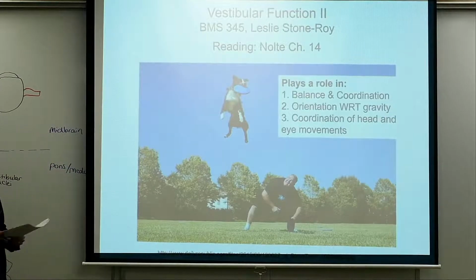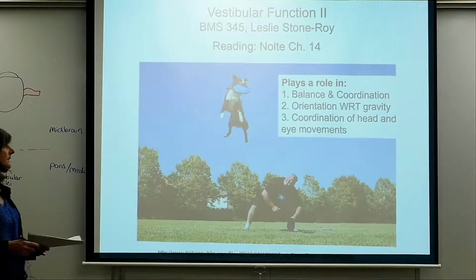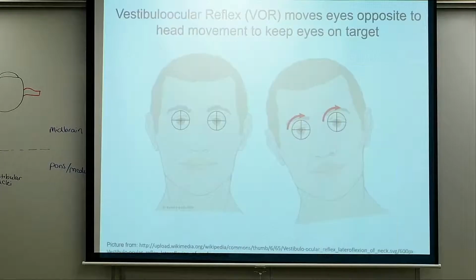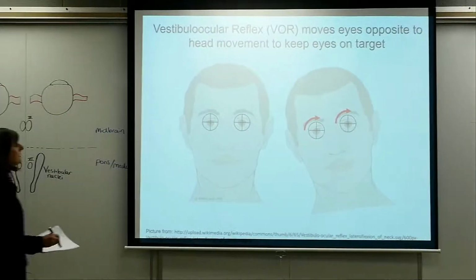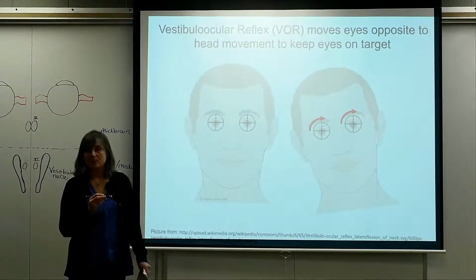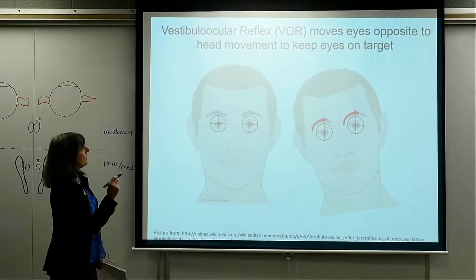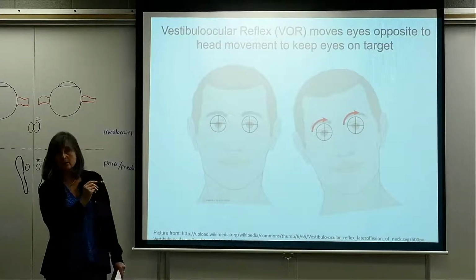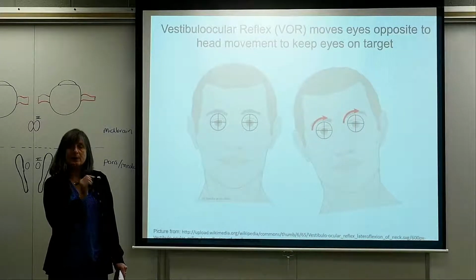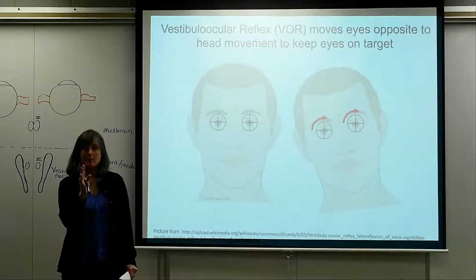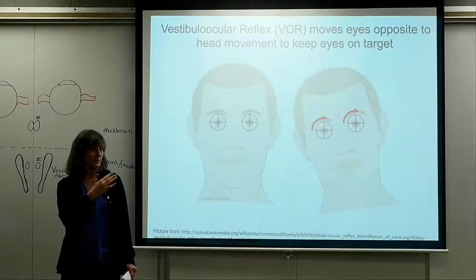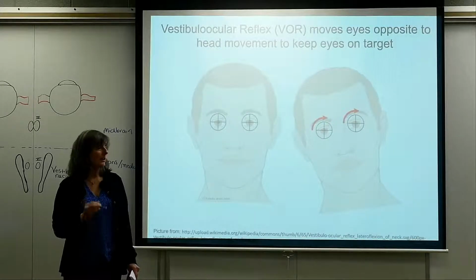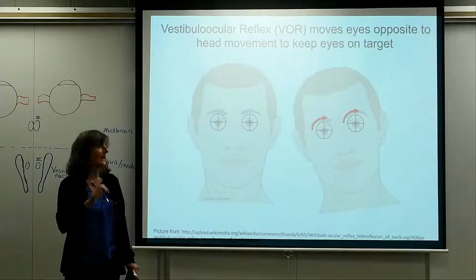So one of the most critical functions of the vestibular system is its role in coordinating head and eye movements. So what happens, and this is the start of our talking about the vestibular ocular reflex, is if we have our eyes fixed on a target and we move our head in one direction, our eyes will move in the opposite direction so that we can keep our visual grasp on that object.